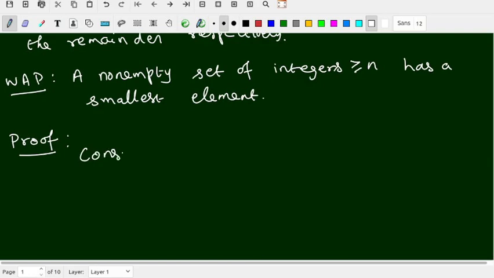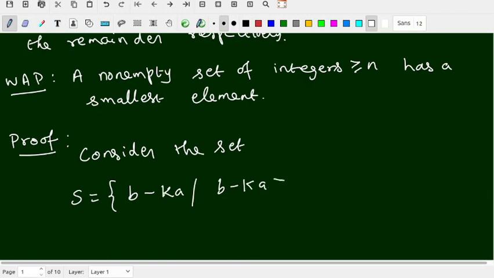Consider the set S equal to the set of all numbers b minus ka, where b minus ka must be a non-negative number, greater than or equal to 0, and k can be taken as an integer.